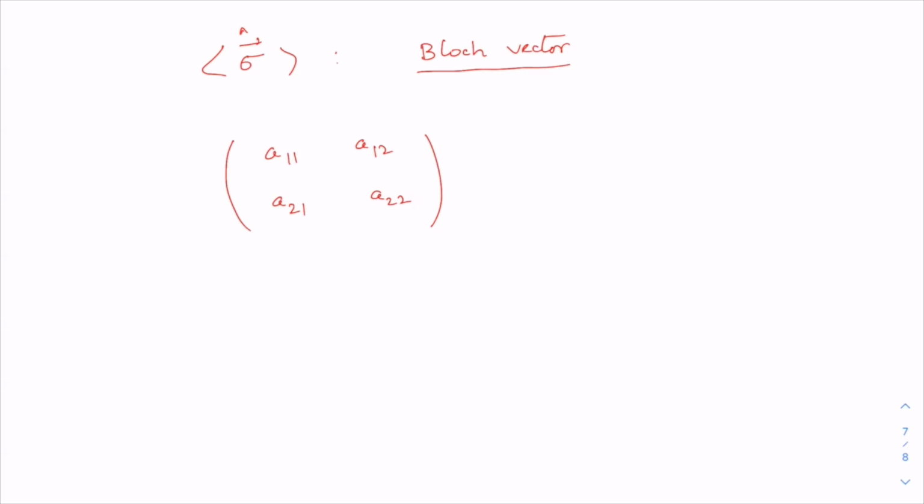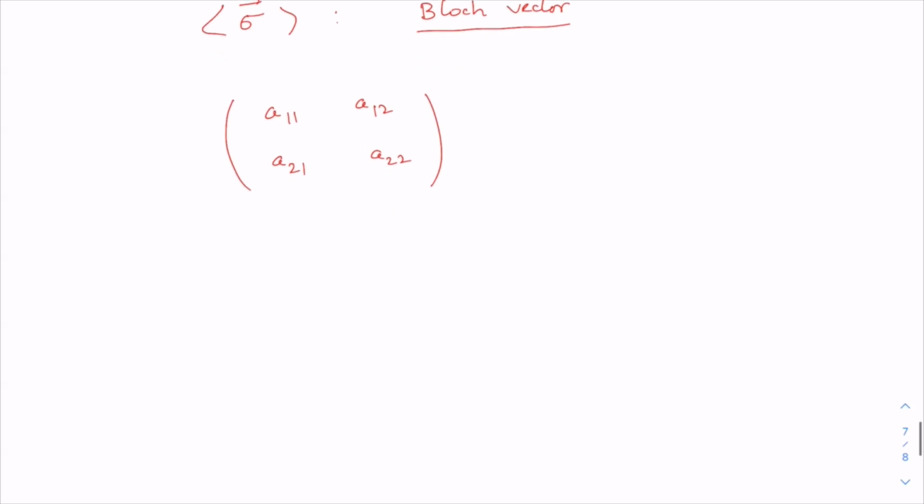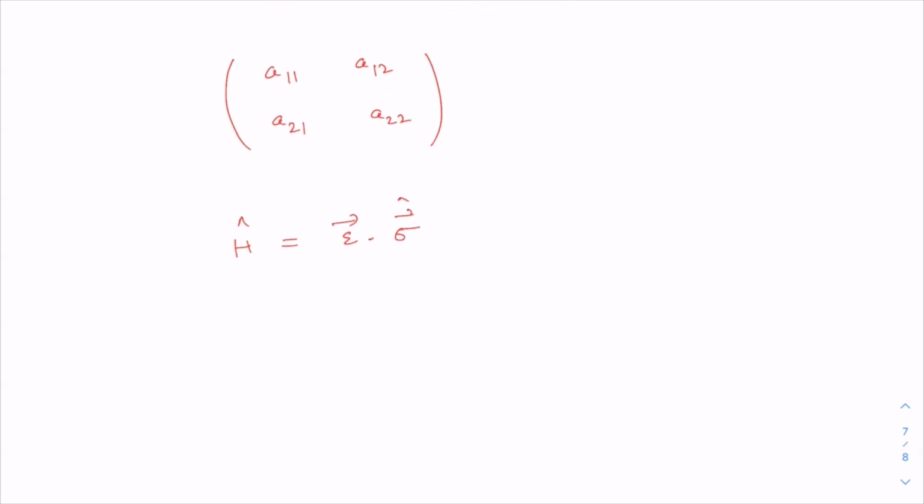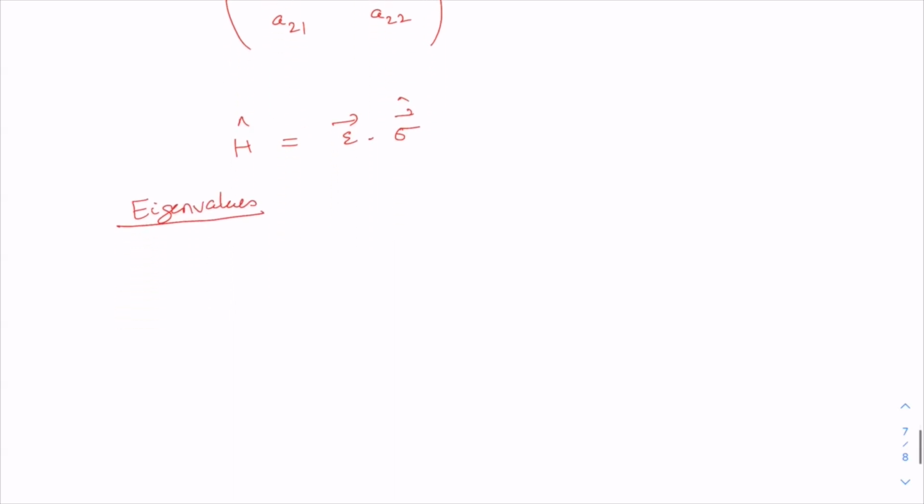Now let us work out the eigenvalues and eigenvectors of our two-state system, which is H is equal to epsilon dot the sigma vector. Let us work out the eigenvalues of this Hamiltonian. Before that, let me consider a simple case where, say, the epsilon vector has only a z component.